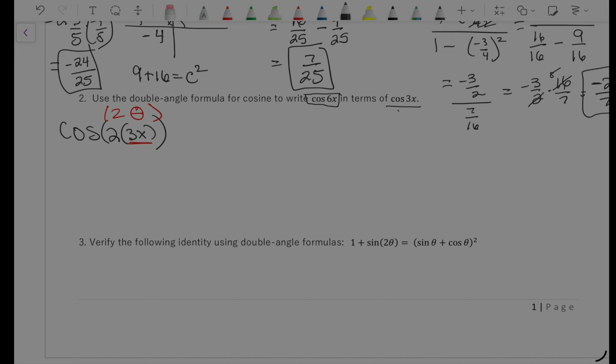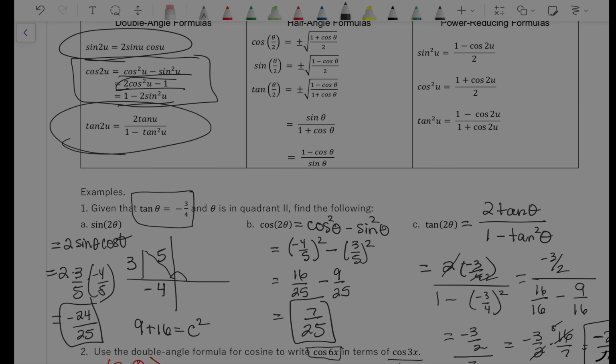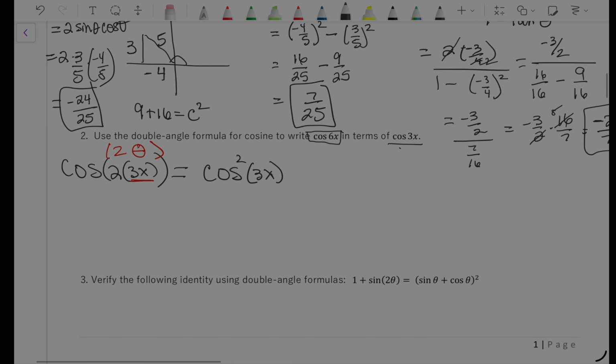All right, using whichever formula we choose. I'll pick this one. Actually, I will pick this one. Done.